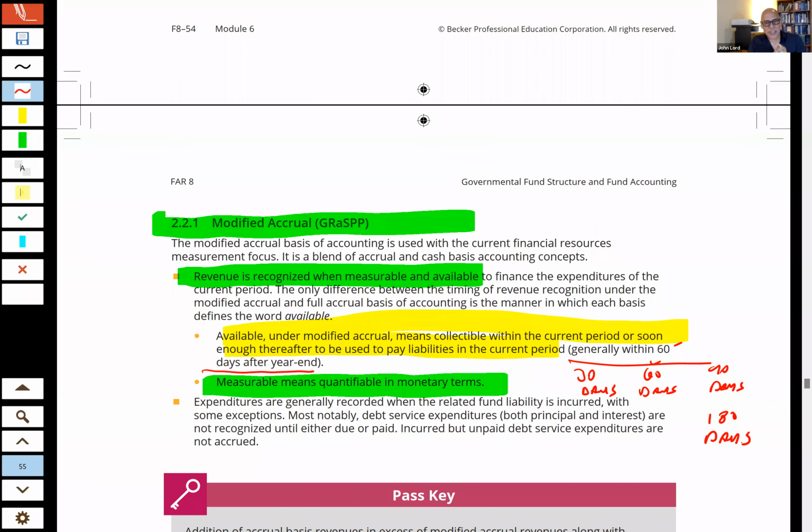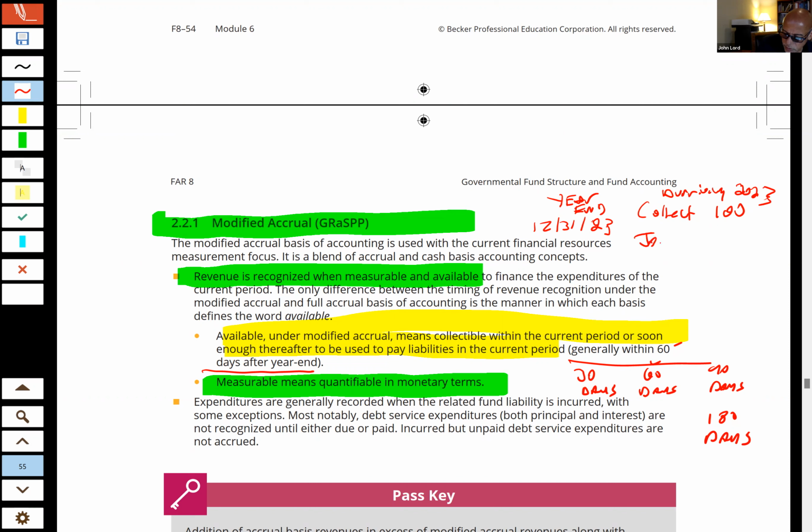So if you had a question that said the city of Hayward had taxes, and let's say it has a 12/31/23 year end. Say they're preparing calendar year financial statements, which by the way, most governments are on fiscal year, but let's not worry about that right now. They collected 100 during 2023.